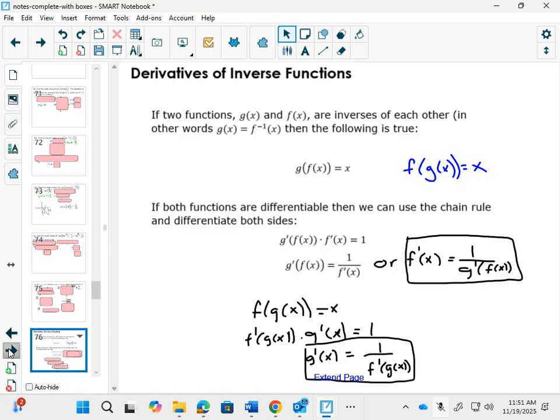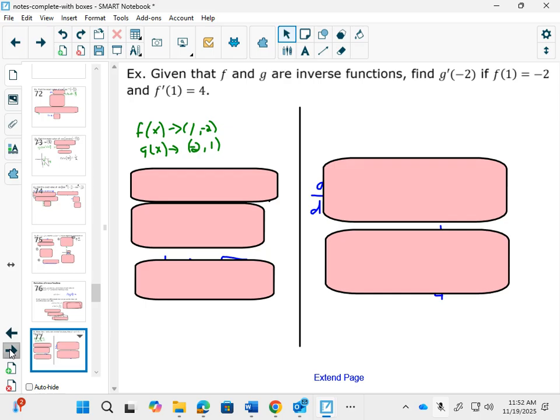And I said, this is a formula that we rarely use, because if you know the corresponding point on the inverse, if you know the tangent on the original function is rise over run, the tangent at the corresponding point of an inverse, everything gets switched, x and y, becomes run over rise. And that'll be our main go-to for solving these questions, even though I will show you some work with the formula as well.